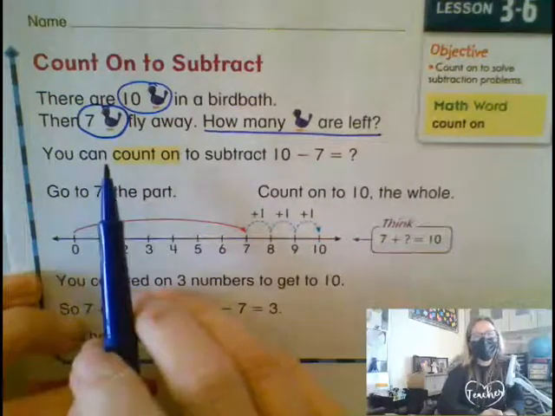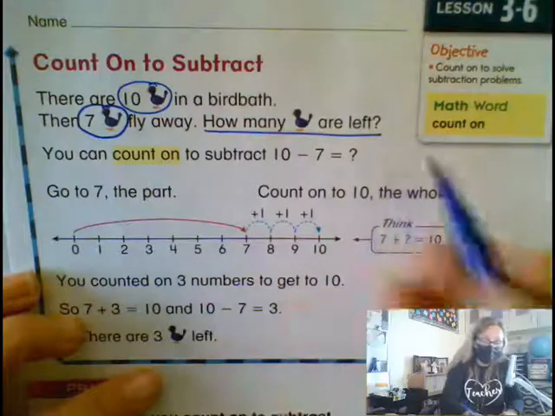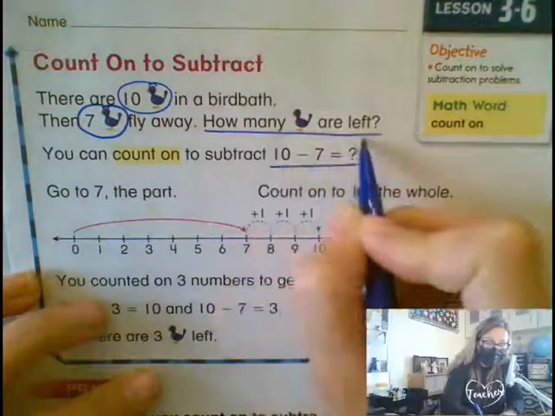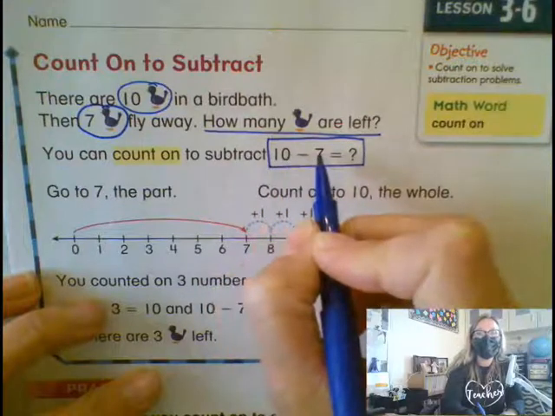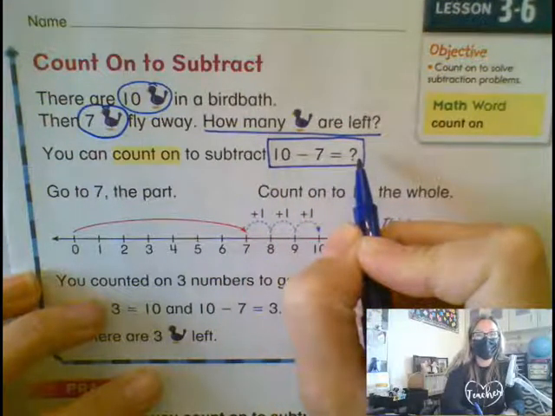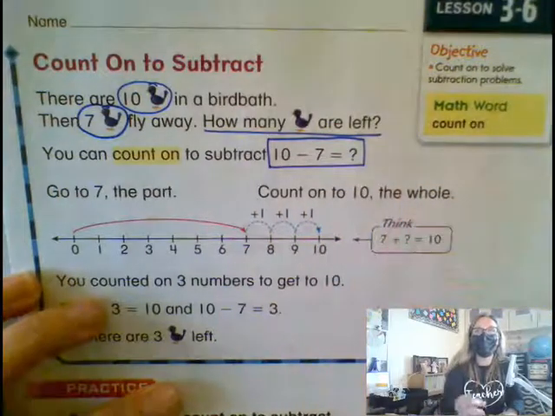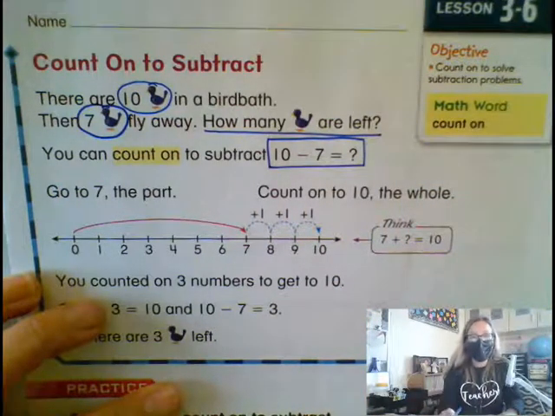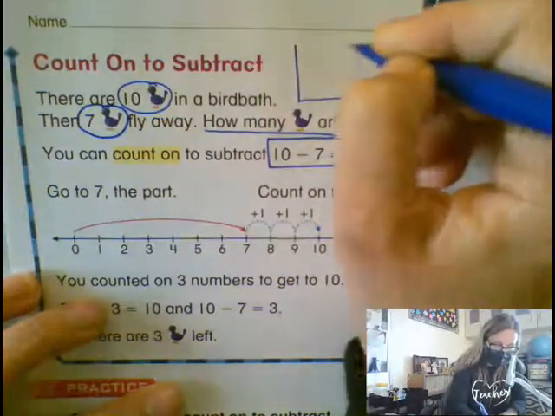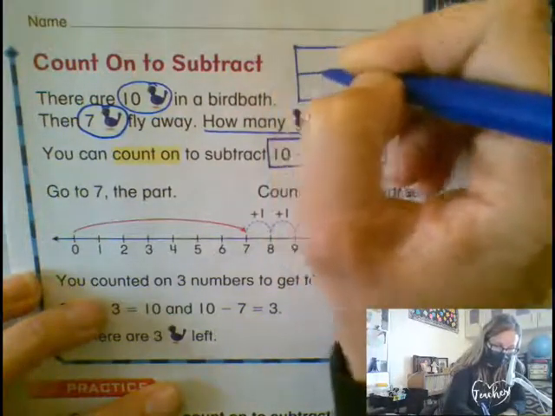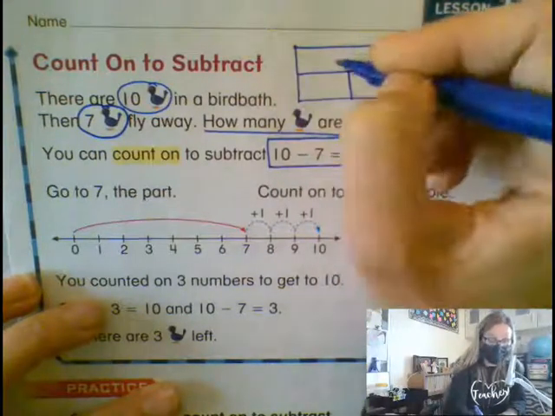So here it says you can count on to subtract. 10 take away 7 equals what? This is what we're trying to figure out, right? 10 birds, 7 fly away. How many are left? So if we were looking at this as a part-whole box, and I were to draw out my part-whole box, which we've gotten really good at, I know that my whole, or my total, is 10, right?